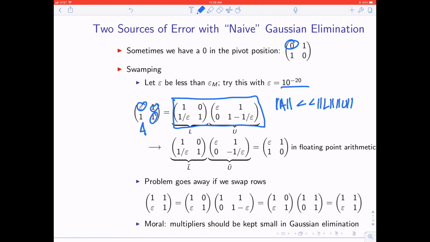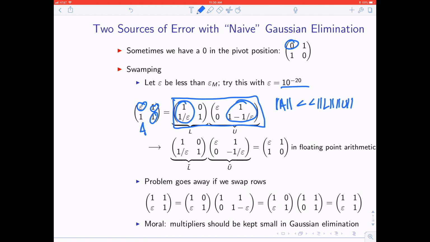And then if you look at the L and the U matrices, this absolute column sum is huge because 1 over epsilon is a gigantic number. And actually this column sum is huge because 1 minus 1 over epsilon is a really huge negative number that's large in absolute value. So even though A equals LU, the norm of A is way less than the norm of L times the norm of U, and you can file that away for later.